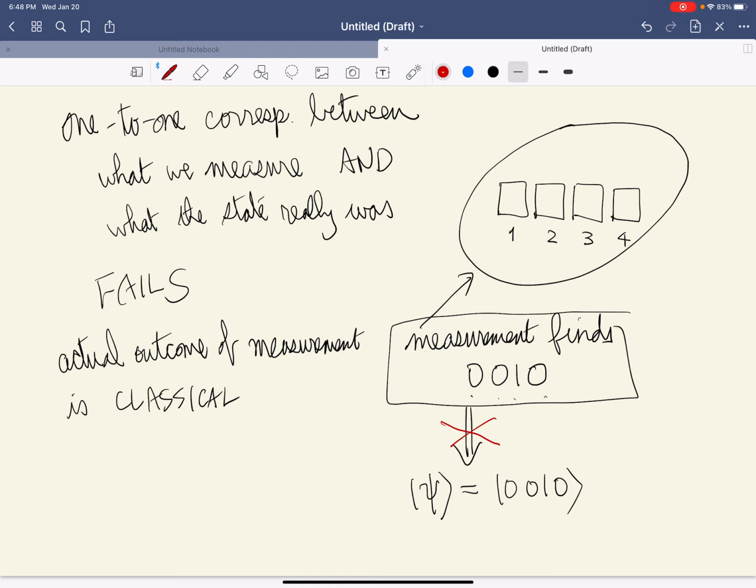Now, you come up with the same outcome on a quantum computer and you find 0010, but it does not tell you with any certainty whatsoever that the original quantum state was also in the state of 0010. So this is what I mean by the statement that this one-to-one correspondence between the measurement and the actual state of the physical system fails when you make a measurement in a quantum state.